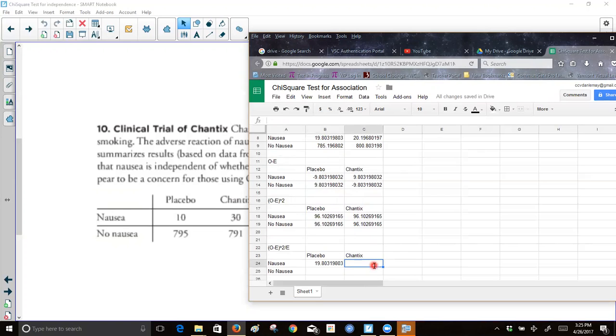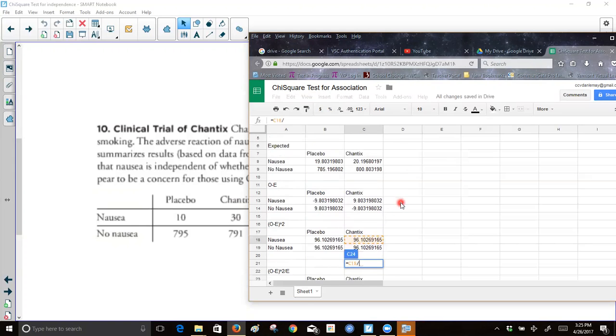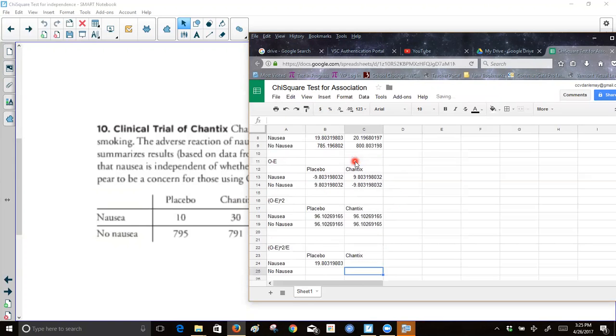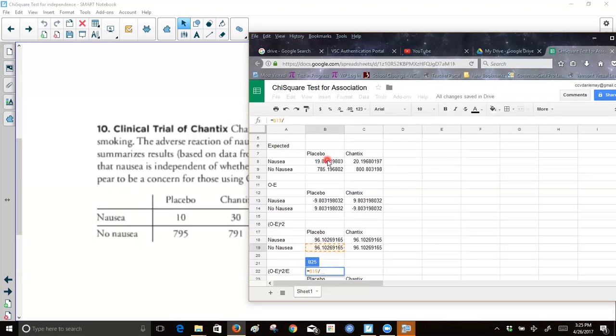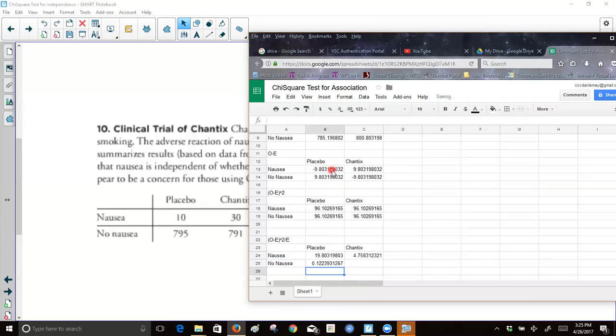Do the same thing here, equals, click on that squared term, divide it by the expected. I probably could do some filling across, filling down here, but we'll do it this way. That squared value divided by the expected. One last one here, equals, that squared value divided by the expected.